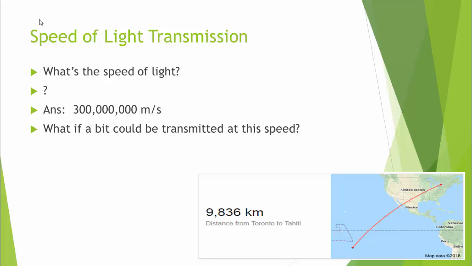And if you take that math through, that means that bit could travel from Toronto to Tahiti in about 33 milliseconds. So that, in fact, is quite quick. It's not instantaneous, and if you take a look at the extension for today, you'll see that it is far from instantaneous, but it is very, very fast.